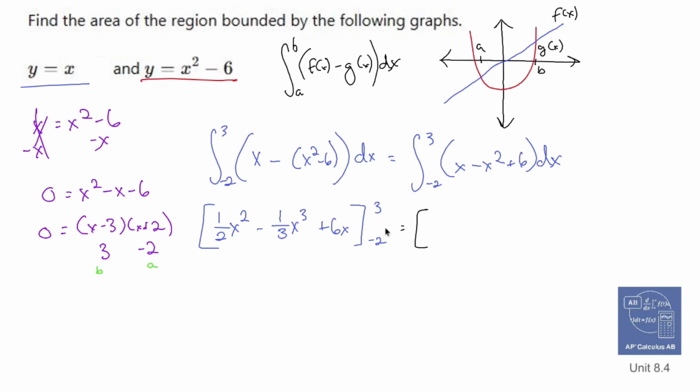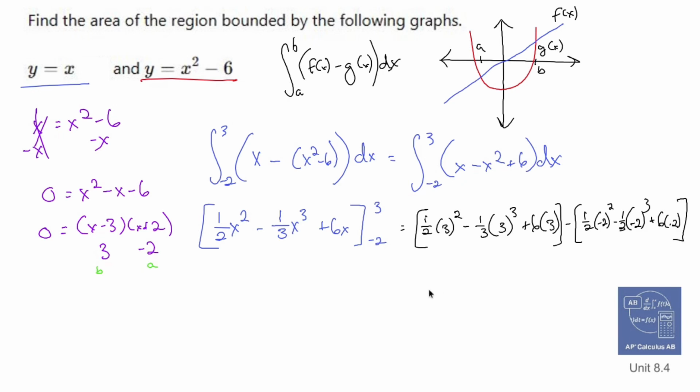So that's 1/2 times 3 squared minus 1/3 times 3 cubed plus 6 times 3, minus 1/2 times negative 2 squared minus 1/3 times negative 2 cubed plus 6 times negative 2. We're going to use all this space because I have a feeling we're going to need it.